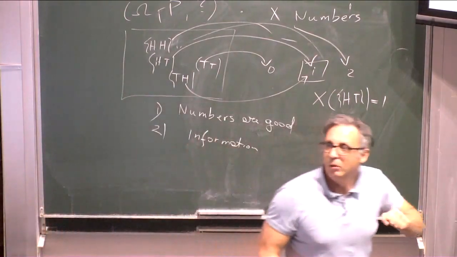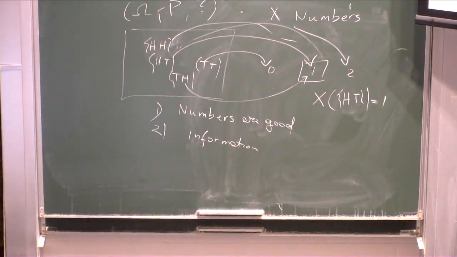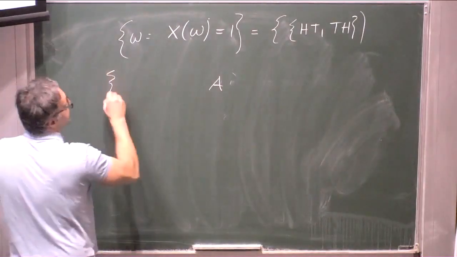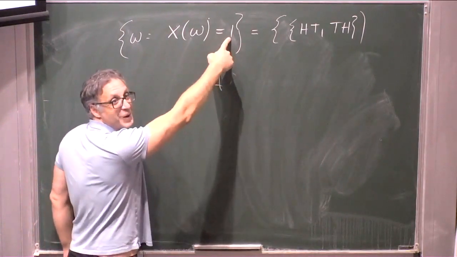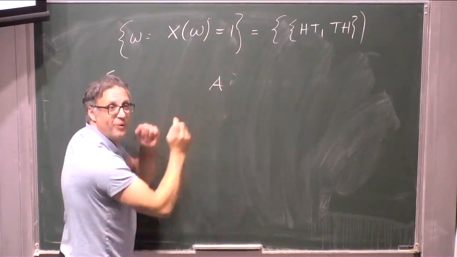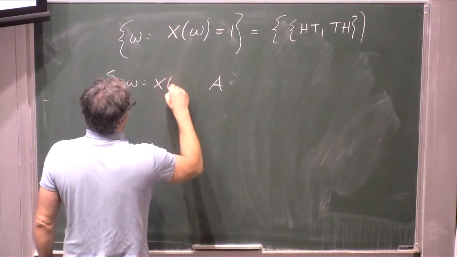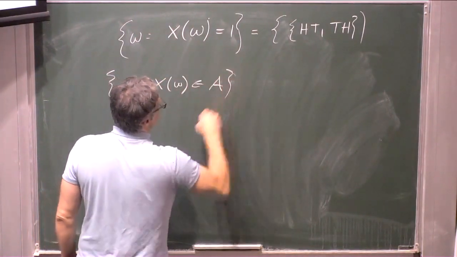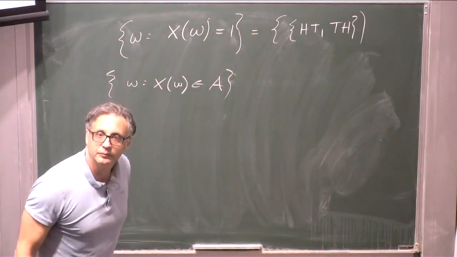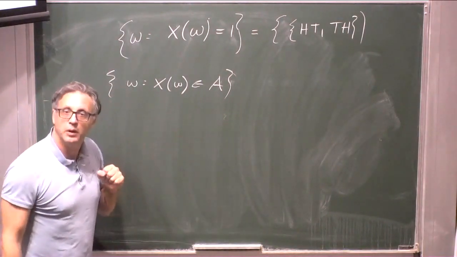This is an example. What I want, in general, is to fix a set A of the real line. This was a single outcome, but you could consider something more. What is the set of omega such that X of omega belongs to this set? This is what I mean.